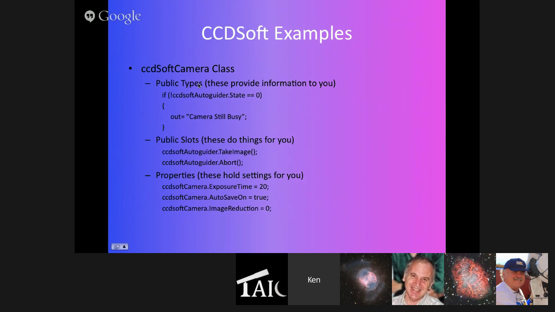But these public types are things that provide information to you. So what I'm telling it is, if not, the CCD auto guider state is 0, then the camera's busy. When I run this CCDsoft autoguider.state command, it brings me a number. You can experiment with this in the JavaScript environment. You just type it in and punch run, and it'll say 0 or 1 or 4. And all those numbers mean something.